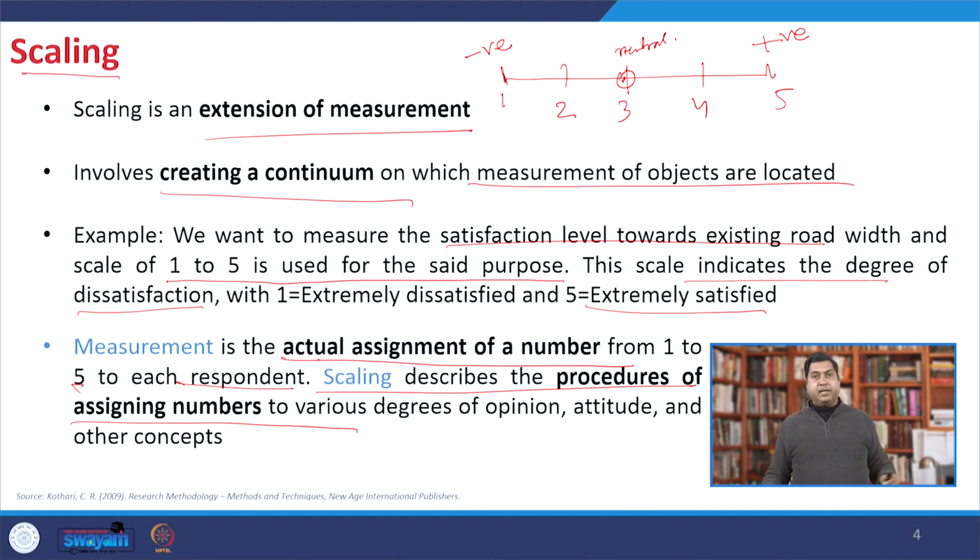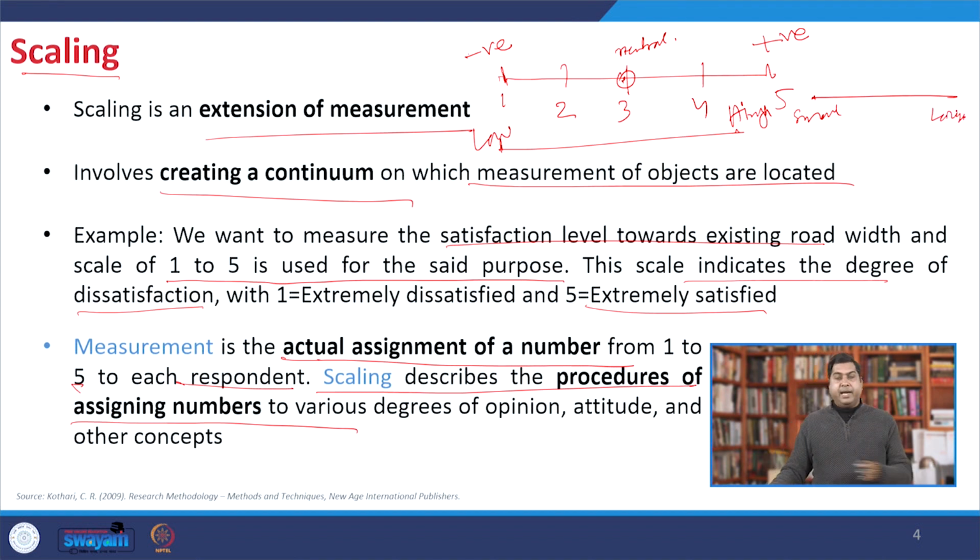But in scaling we define what the meaning of that number is, what it represents. So we may give a name to this particular 2, or we may give a scale where this is low and this is high, or this is small and this is large. Like that we can define the scale. That is why it is mentioned that measurement is the actual assignment of numbers from 1 to 5.